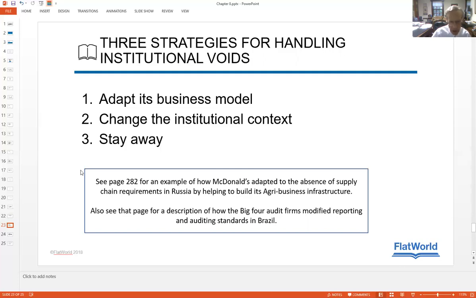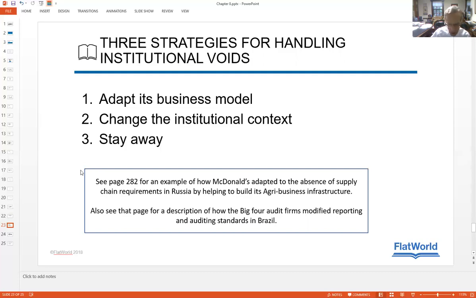And on page 282 of your textbook, you'll find a discussion of how McDonald's wanted to be in Russia, but it didn't find everything it needed.